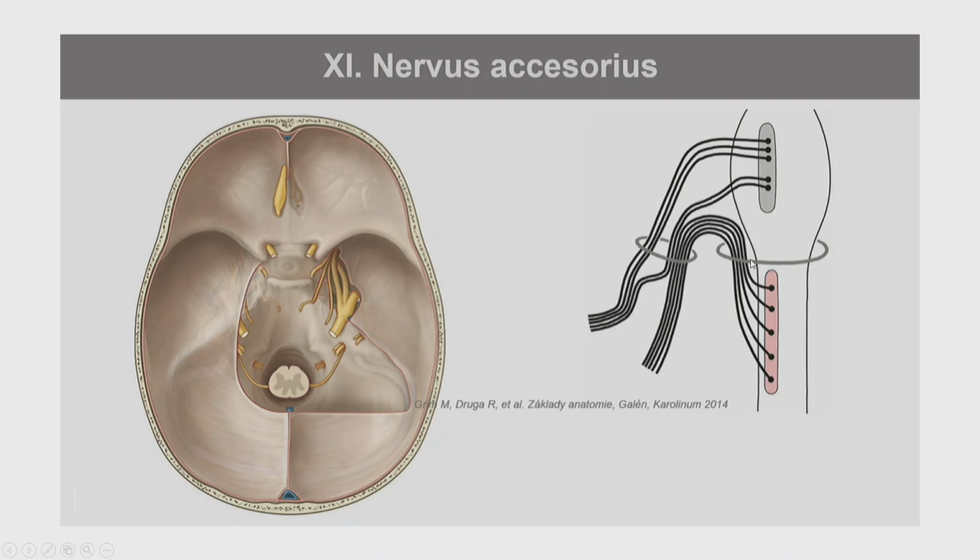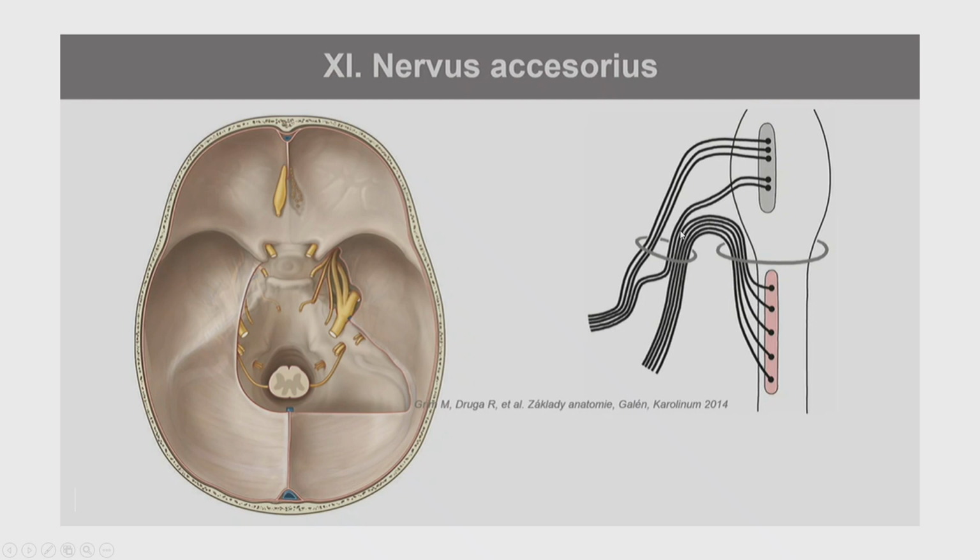Yes, so the foramen magnum will be a transition place between the medulla spinalis and medulla oblongata. And as you see here in the spinal cord, in the cervical segment, those are the fibers of the spinal root, or spinal part, of the accessory nerve that is coming into the cranial cavity through the foramen magnum and is joining with the cranial part from this nucleus, called the nucleus ambiguus.